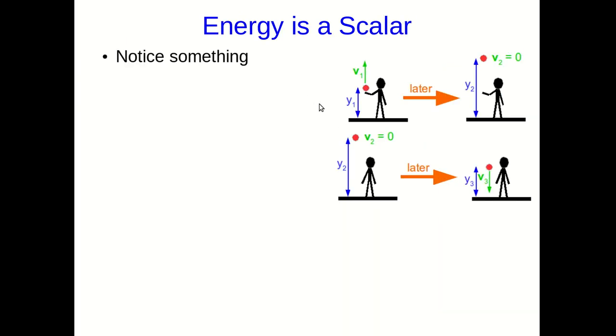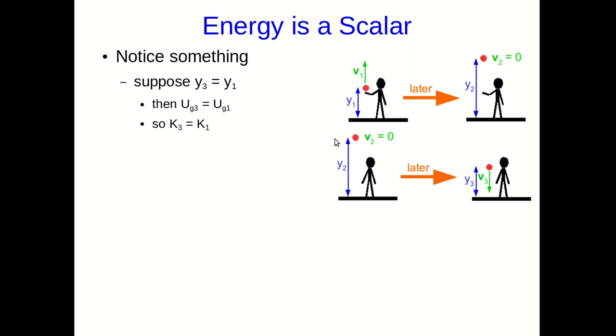Still staying with this example just a little while longer, let's notice one more thing about it. If we think about the time when y3 is the same as y1, in other words, when the ball has returned to its original height, then since y1 and y3 are the same, the gravitational potential energies at times 1 and 3 are the same.